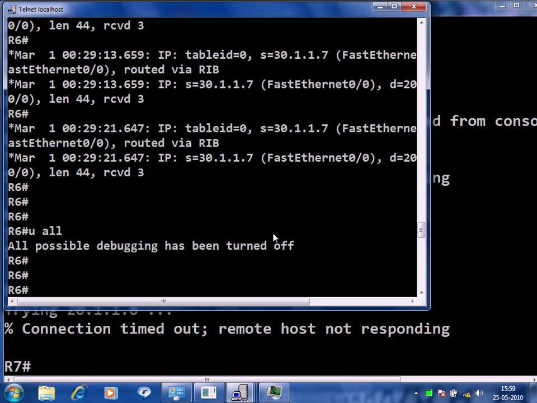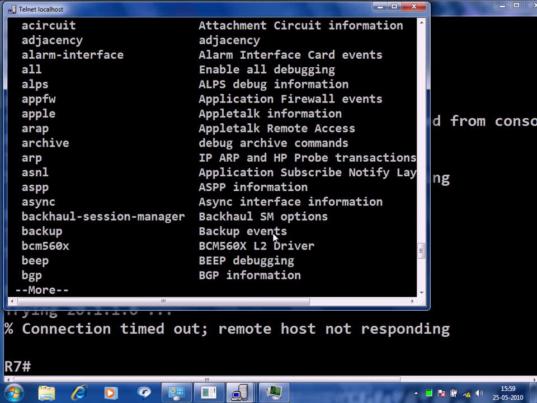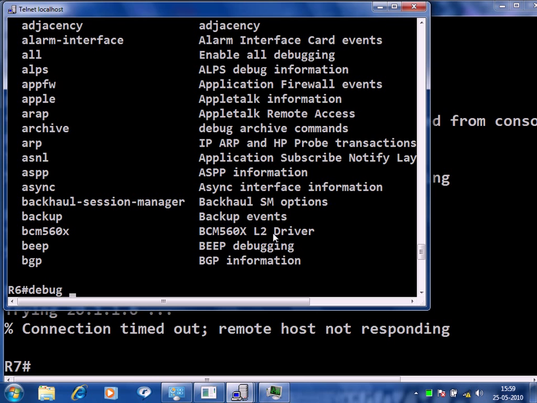I just want to debug traffic coming from 30.1.1.7 to my interface 20.1.1.6 for telnet access. If this traffic is encountered, I want to debug it. How? Debug, okay. Question mark. Okay, debug then IP.